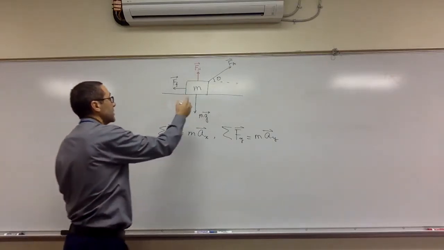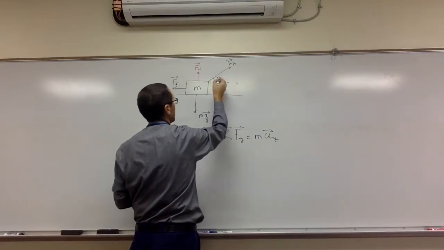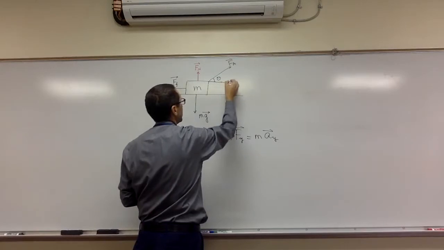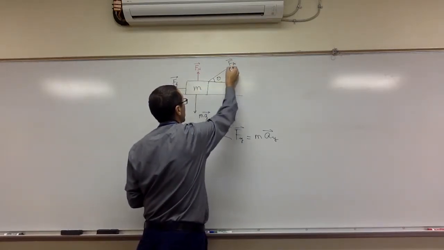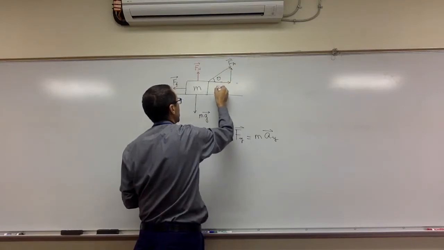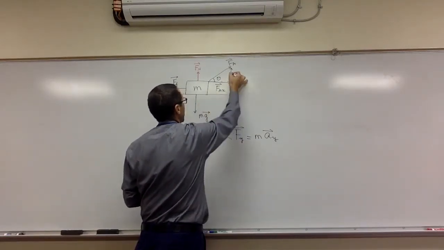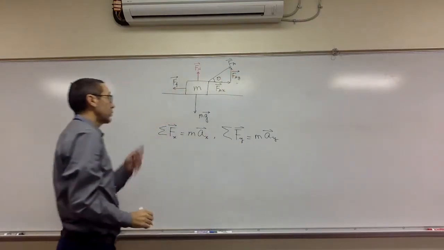Now in the x direction, this Fa, which I'm going to draw here and erase because you're not supposed to have the components on the diagram, has a component pulling it to the right. When you pull at an angle like that, you're pulling right and you're also pulling up. So this is the x component of Fa, and this is the y component of Fa. And we're going to erase those later.